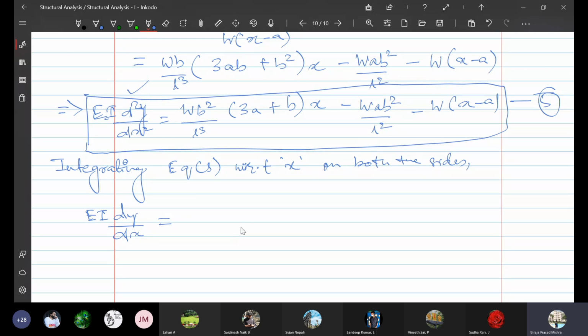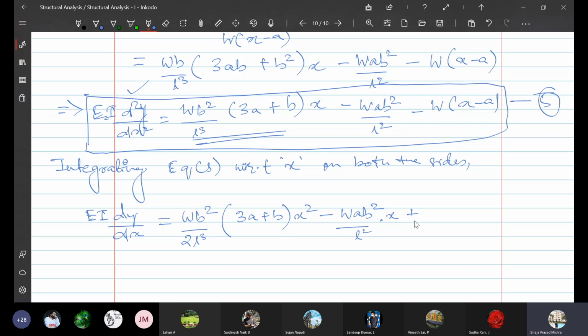Now if I integrate this one, it will be WB square by 2L cube into 3A plus B into x square, then minus WAB square by L square into x.